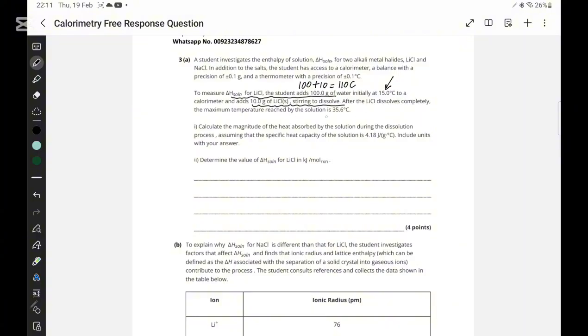So now, the initial temperature was this one, and then after mixing it rises to 35.6. So that is the final temperature. And now they are saying calculate the magnitude of heat absorbed by the solution.